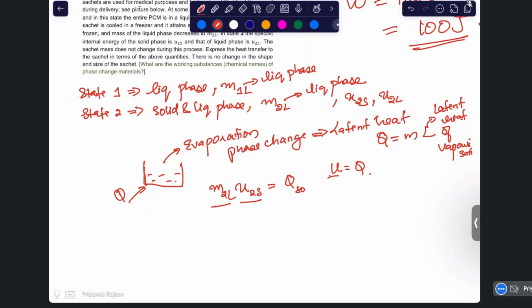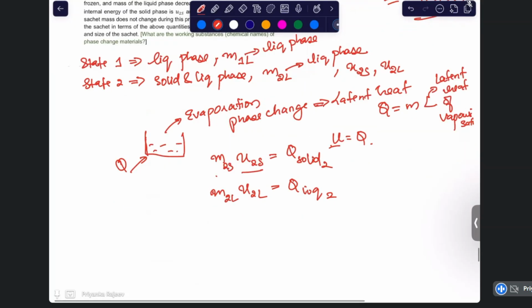So that is U of solid at state 2, and then U of liquid phase at state 2 is M2L times U2L. Okay, this is at liquid phase.